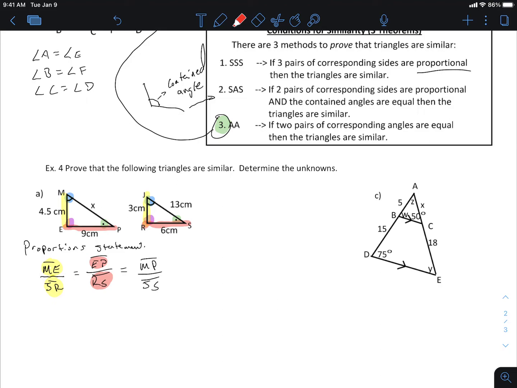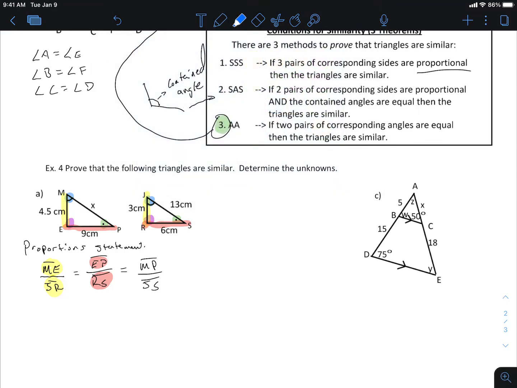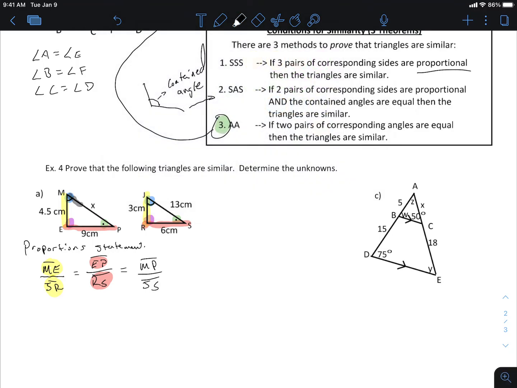And the last one would have been MP, which went with JS. What I'm trying to illustrate is that yellow goes with the yellow, the red goes with the red, and the black goes with the black.